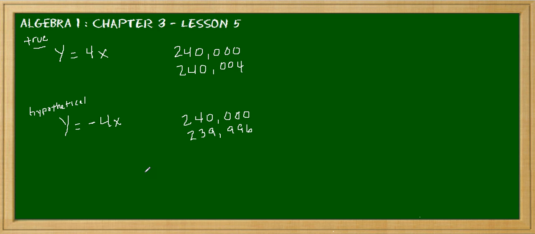The formula says that each y number is always negative 4 times the corresponding x number, which means then, and again, we're talking about the table, we have negative 12 is equal to negative 4 times negative 3. So negative 4 times negative 3 yielded a positive 12. And below, negative 4 times negative 2 yielded positive 8.